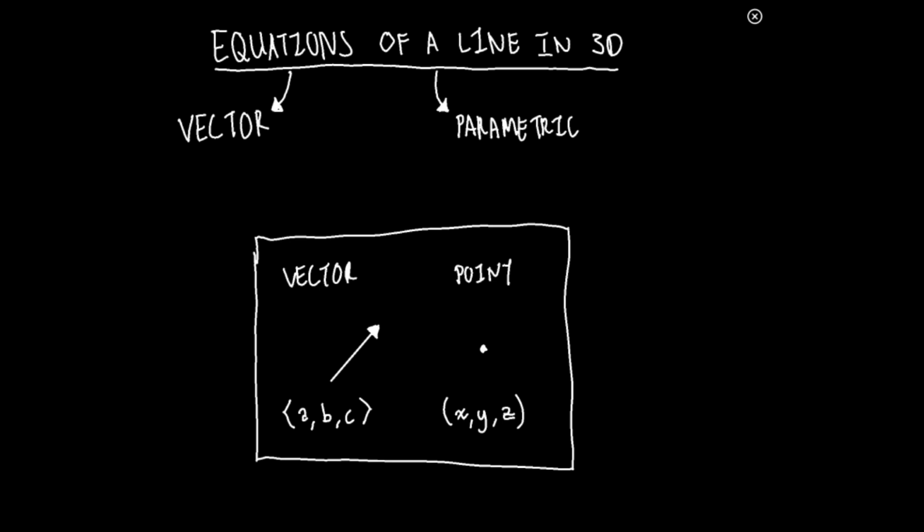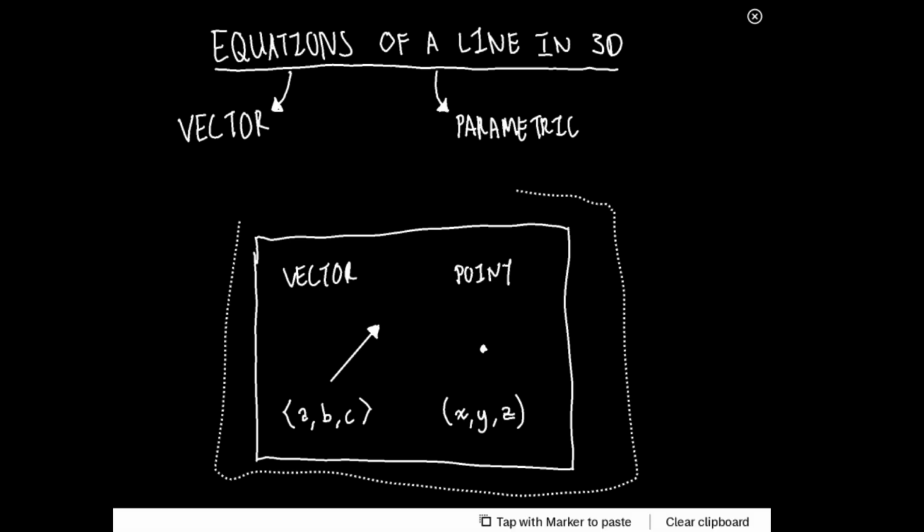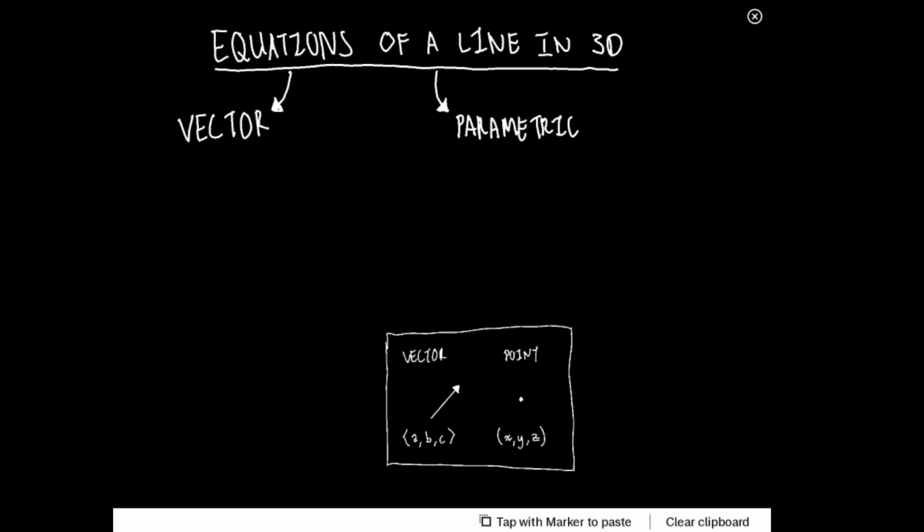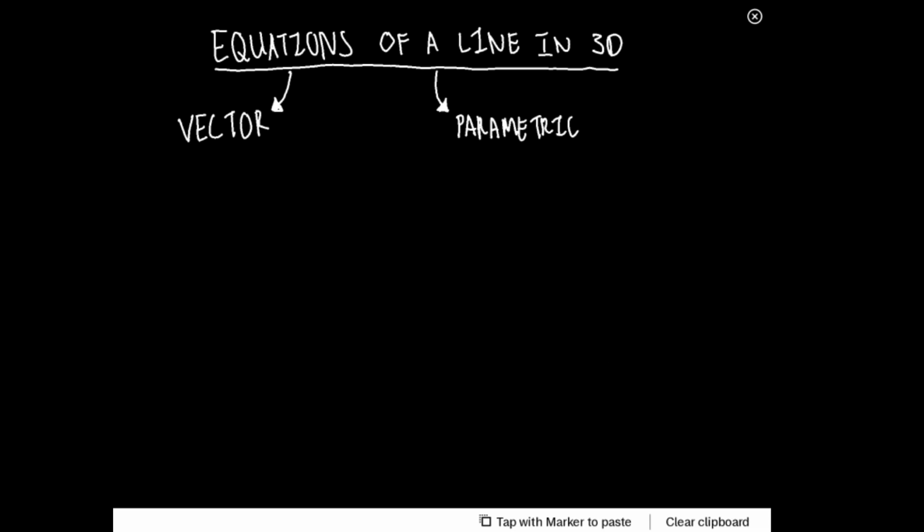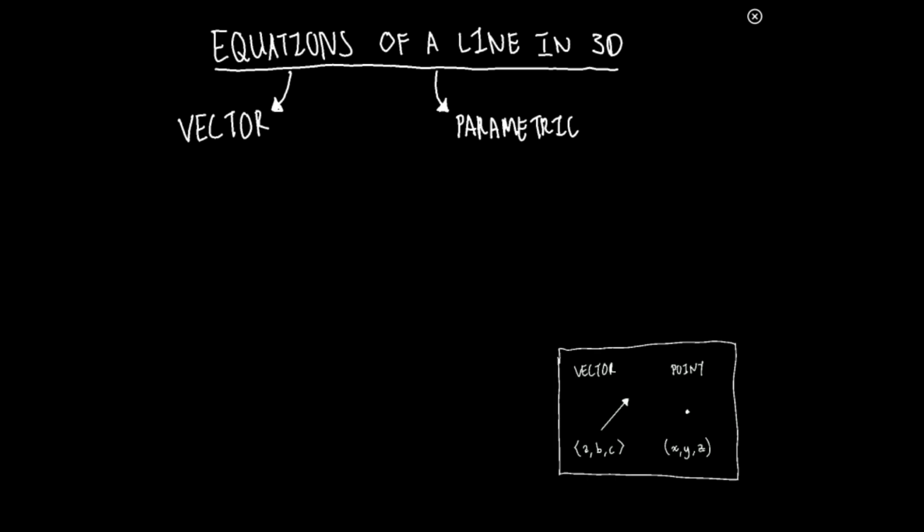Now, let's go ahead and use this to make a set of equations. We're going to start by writing this in vector form. Say that we have this line in space, and we are given a point on the line, x, y, z, and we're given a vector that falls along that line.